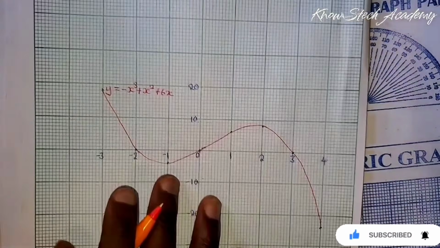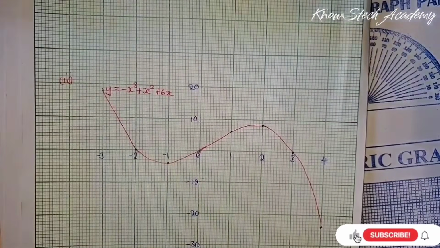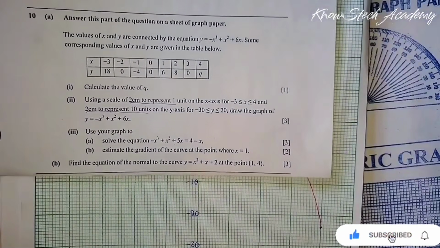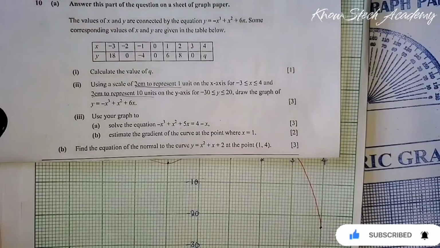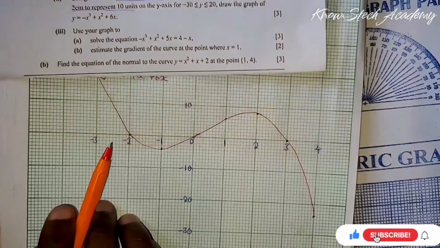So this is question 2. You can write the question number here. Next question here is saying, use your graph to solve. Wow, this is very good. Okay, use your graph to solve. This is question 3A.